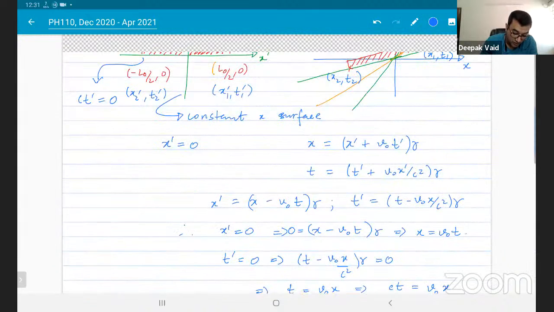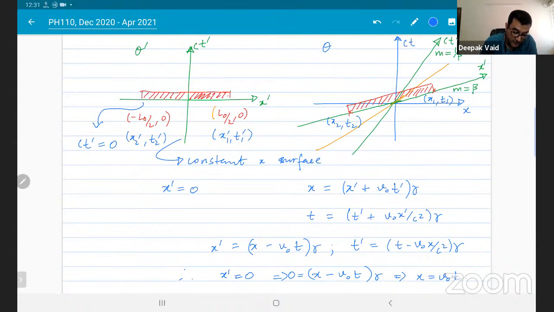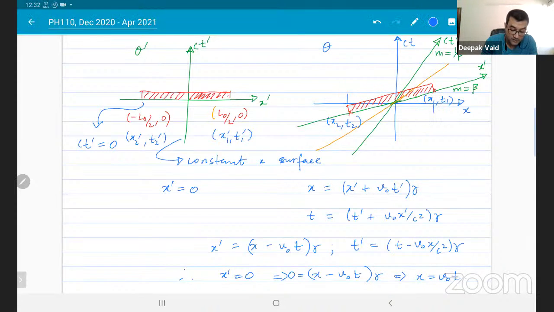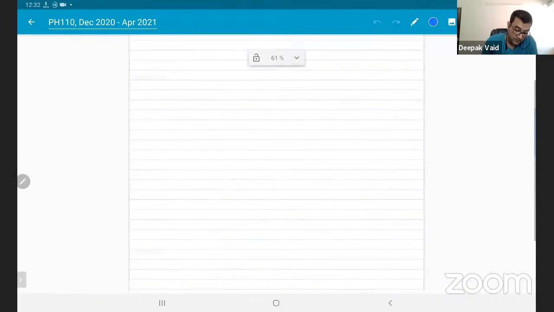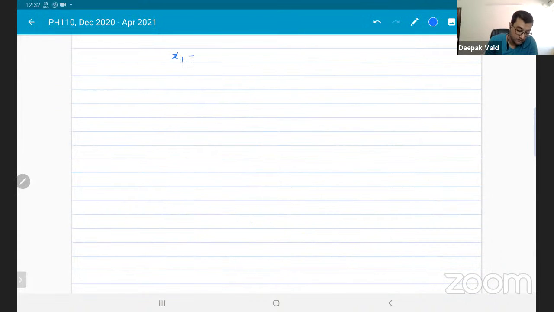So what is the length of this rod as measured by this observer? The length of the rod as measured by this observer is x1 minus x2. So this is x1, and this is x2, and the length of the rod as measured by this observer is this distance, x1 minus x2, right? So what is this? x1 minus x2 is equal to gamma times x1 prime minus x2 prime.